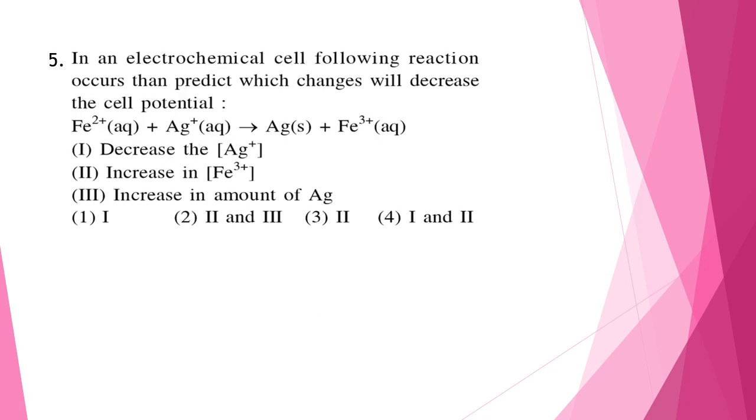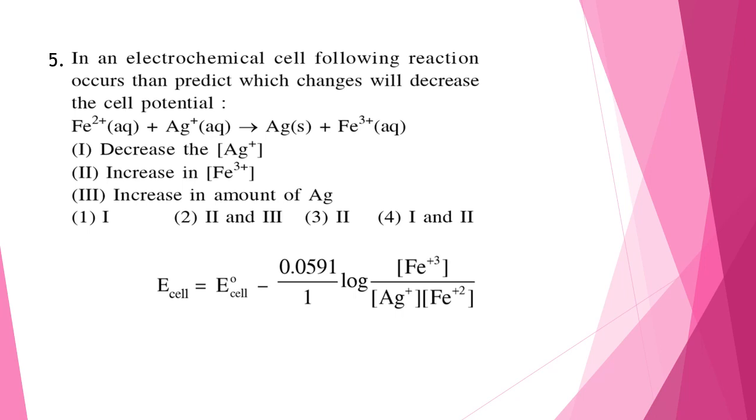Question 5. In an electrochemical cell, following reaction occurs, then predict which changes will decrease the cell potential. So the reaction is given. Now you know that E cell is equal to E naught cell minus 0.0591 divided by N into log Kc. So in this case N is 1 and you can see the formula of Kc in the figure.